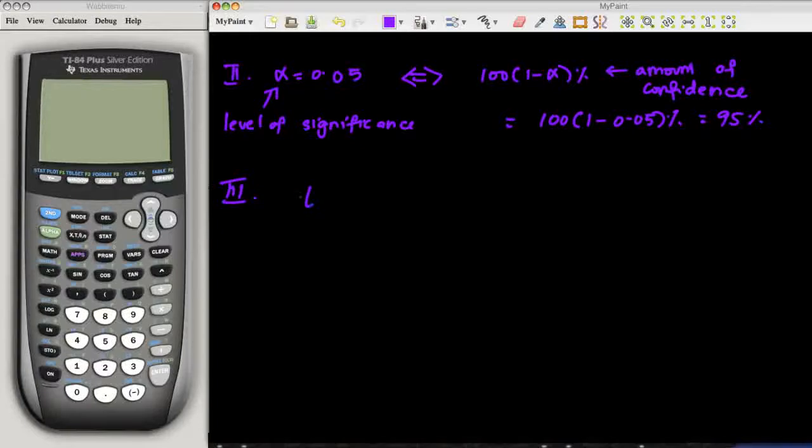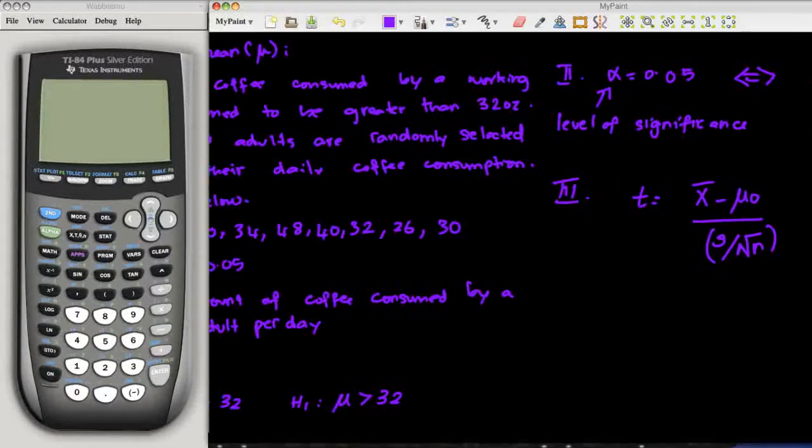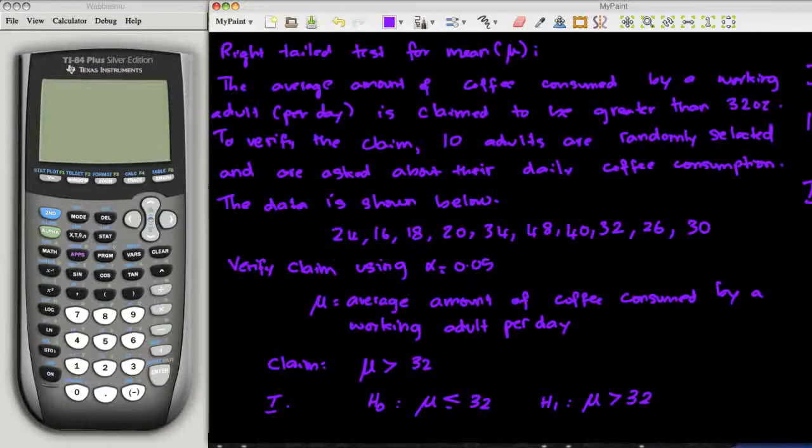The test statistic is given by this formula, x bar minus mu naught over s over square root of n. Mu naught is the claimed value, and we claim it's greater than 32 ounces, so mu naught is 32. We have to find x bar and s, for which we'll need the data. So here I have the data.